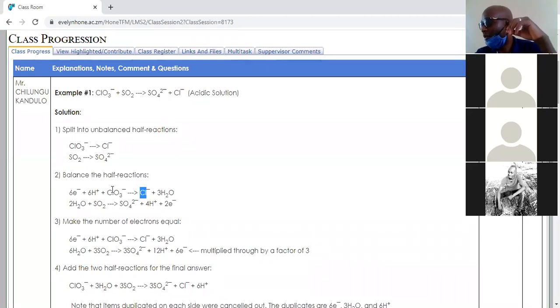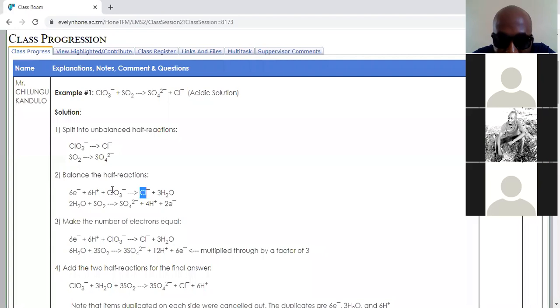What is plus 5 minus 1? The difference here is 6.